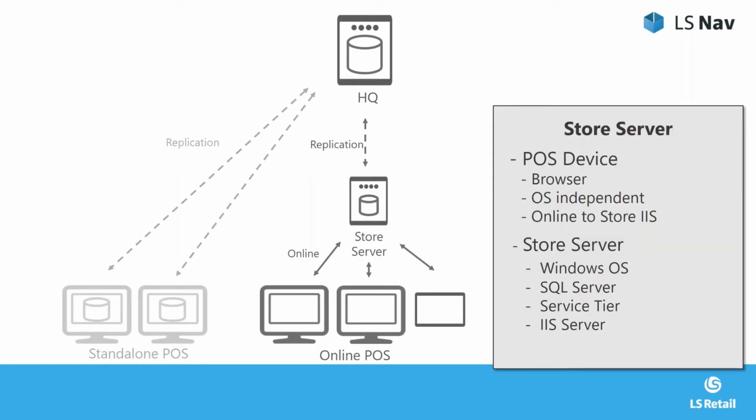The second option is to have a store server. A store server really takes the SQL and the service tier IaaS on there. And the word server, it's more like a good PC. So that's enough to run a store server. For example, scenario on the left, let's say this is a store that has old POS hardware.